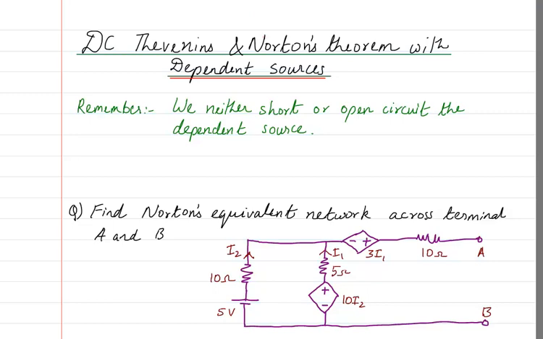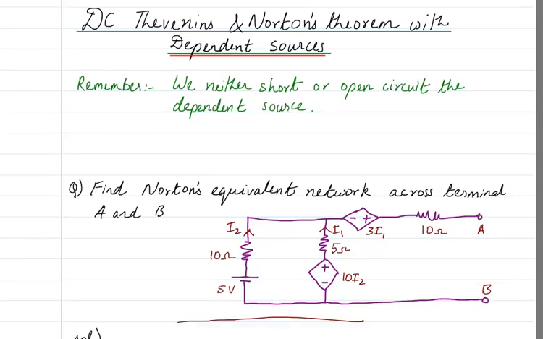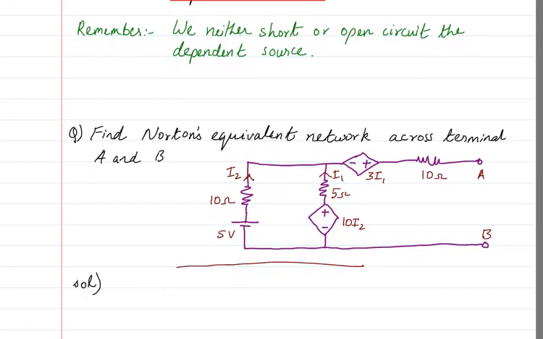Okay. So let us start with the first thing that we have to remember: when we are having a dependent source, we never short or open circuit it. You remember when we had a voltage source, we used to short circuit it, and whenever we had a current source, we used to open circuit it. Correct?